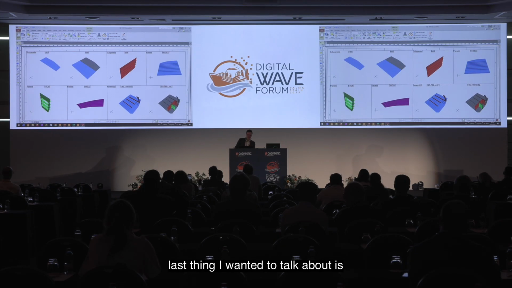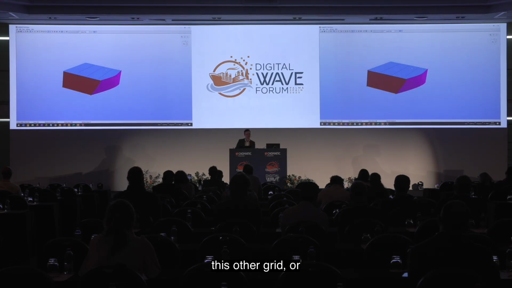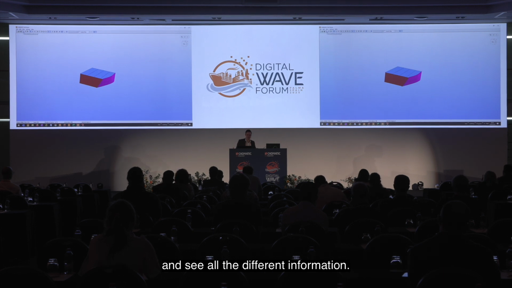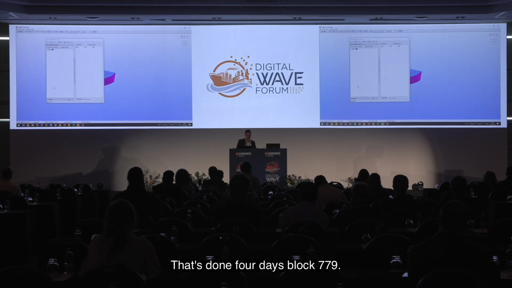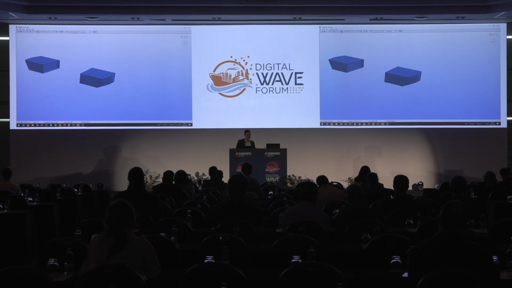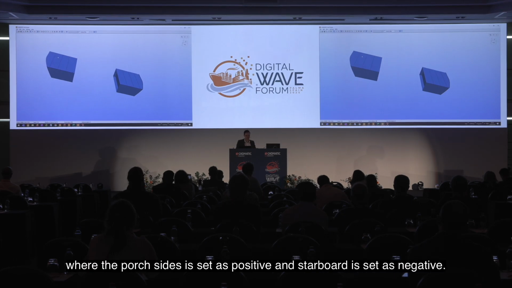Last thing I wanted to talk about is this other grid, or the possibility to set a different default grid and to use and see all the different information. That's done for this block 779. That block is on the port side. But it has a different width grid where the port side is set as positive and the starboard is set as negative.